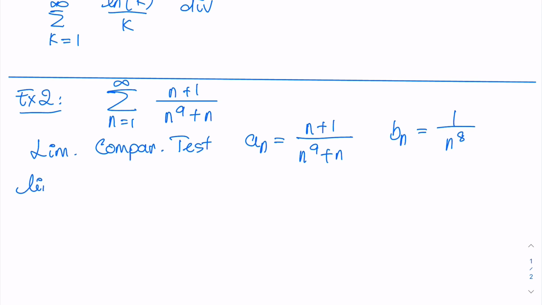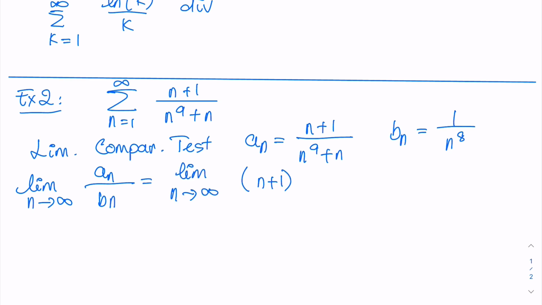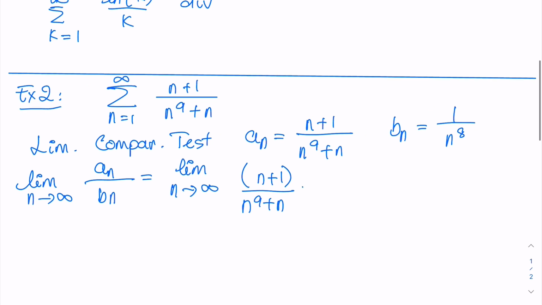So if I take the limit as n approaches infinity of a sub n over b sub n, that's just multiplied by the reciprocal.